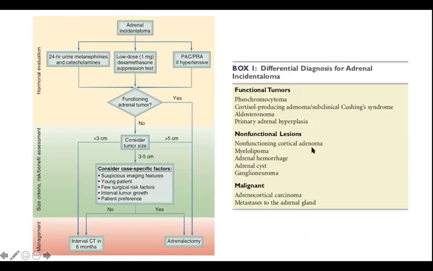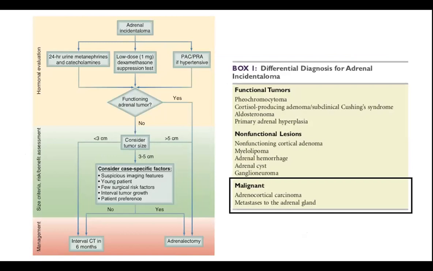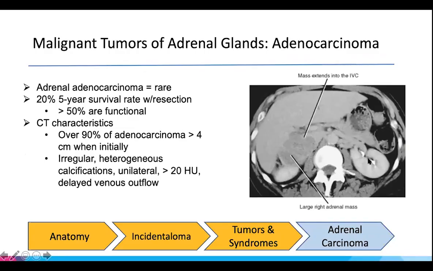So again, revisiting the slide, we're going to move on to now malignant tumors of the adrenal gland: adenocortical carcinomas, as well as metastases to the adrenal gland. So adrenal adenocarcinoma is rare, has a 20% 5-year survival rate with resection. More than 50% are functional.